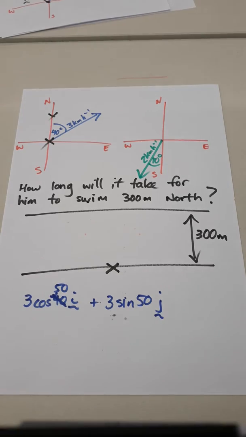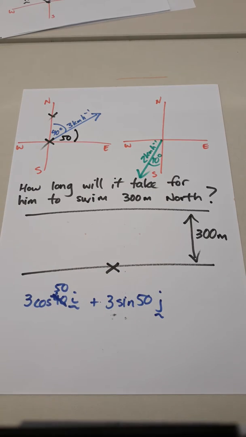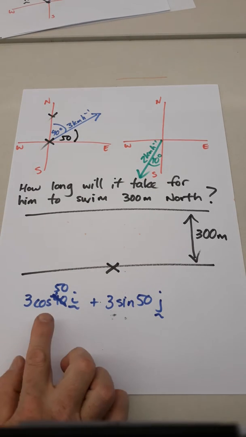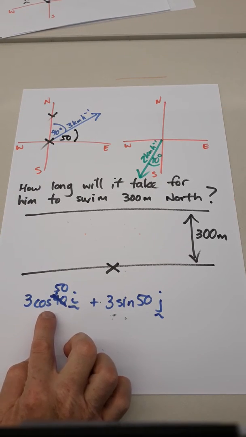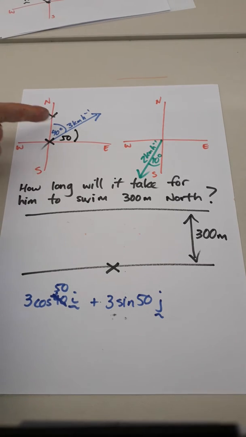The reason I do it that way is I'm used to working with this angle in here with respect to the x-axis. But if you wrote 3 sine 40 and cos 40, because it's 40 degrees, you'd still get the same answer there. So that's what his swimming vector is.